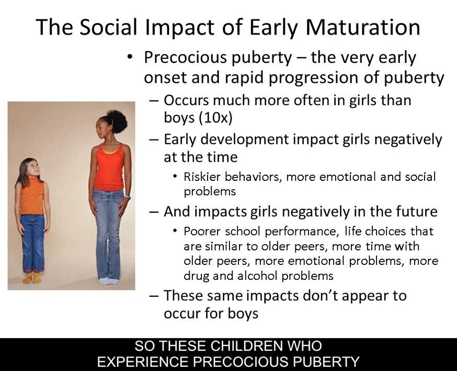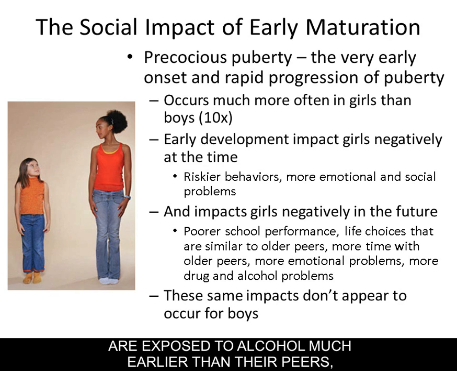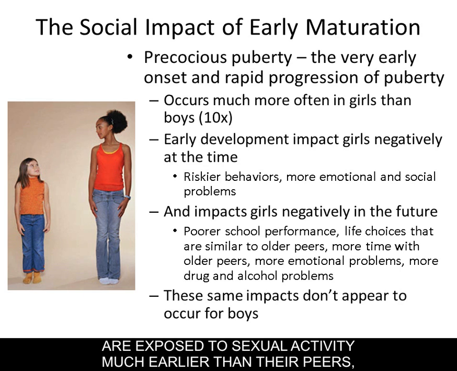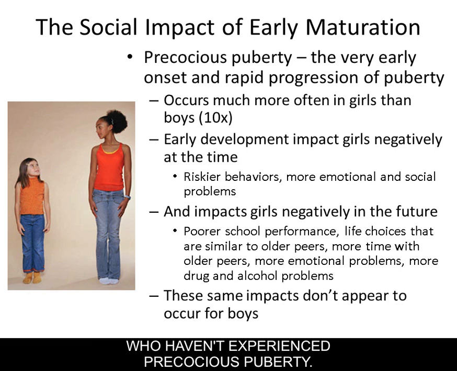So these children who experience precocious puberty tend to use drugs much earlier than their peers, are exposed to alcohol much earlier than their peers, are exposed to sexual activity much earlier than their peers, and oftentimes tend to affiliate with older individuals much more than their peers who haven't experienced precocious puberty.